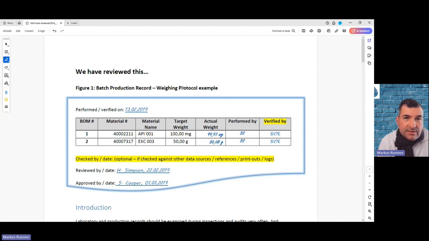And normally it starts with a clear definition of the terms: review, verification, checks, and so on.